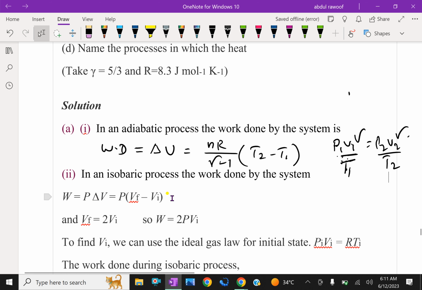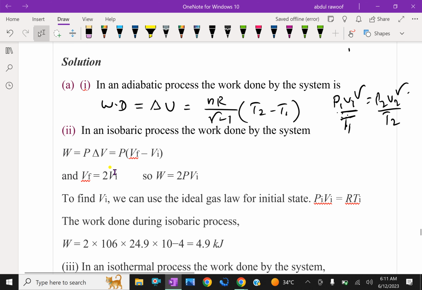Next, in an isobaric process, the work done by the system equals PdV, that is P into V final minus V initial. Here, the given V final is 2 times V initial, that is, the volume is doubled. So work done equals P V initial.